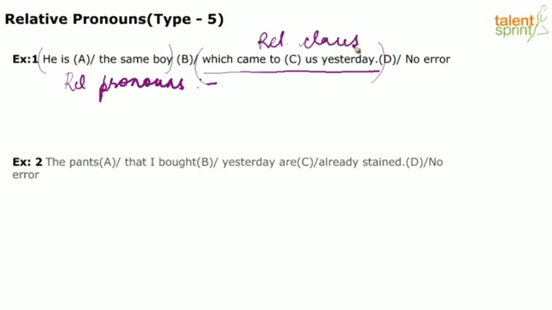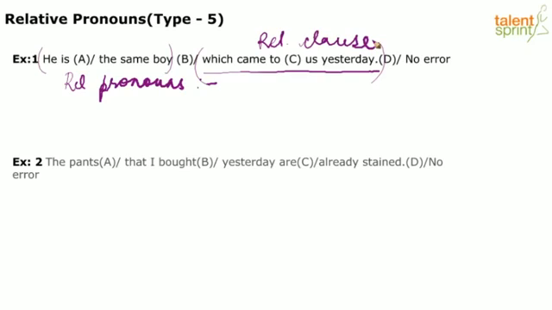Relative pronouns are those pronouns which are a part of the relative clause, which give a direct relation or show the relation with the subject. There are different kinds of relative pronouns like which, who, that, whom, although whom is not so frequently used, whichever.